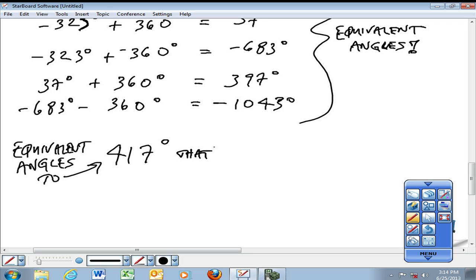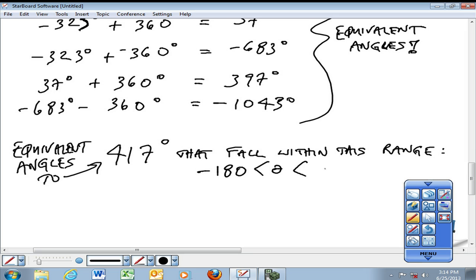Again, we're going to focus on the same range that they fall within, in other words, negative 180 to 180 degrees. That's the range that we're going to target.